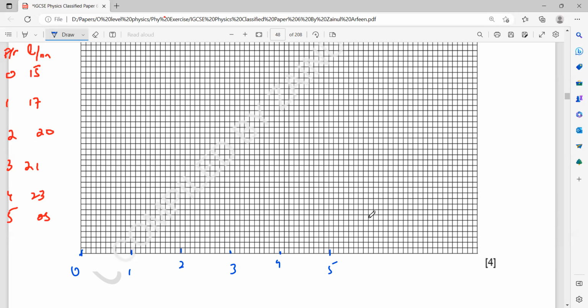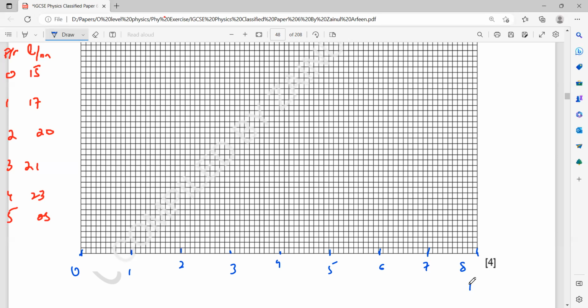So I have to choose this. Yeah, it won't fit. So 6, 7, 8.